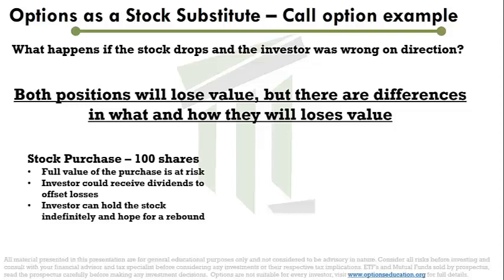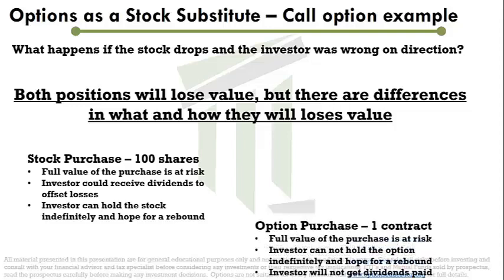The investor could receive dividends to offset some of those losses, and the advantage of the stock is that the investor can hold it indefinitely and hope for the price to rebound until the stock declares bankruptcy, goes out of business, or falls to a point where the investor is no longer comfortable holding it.